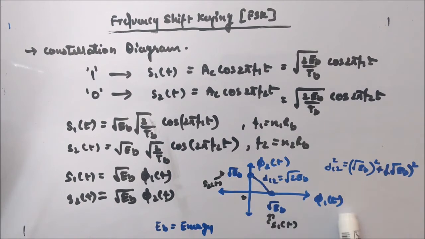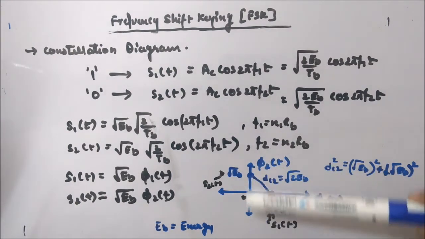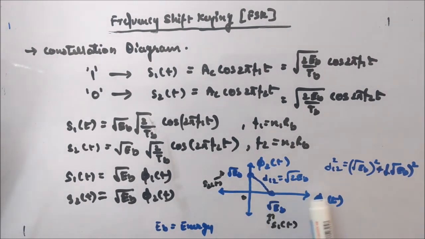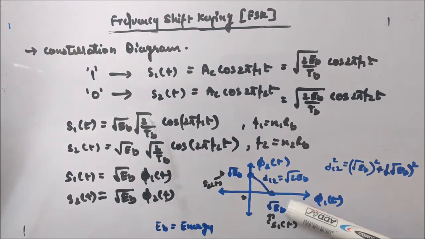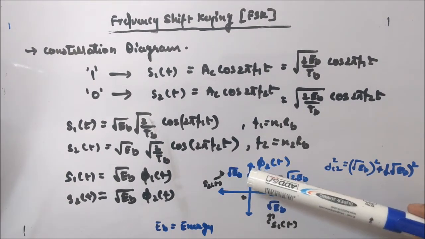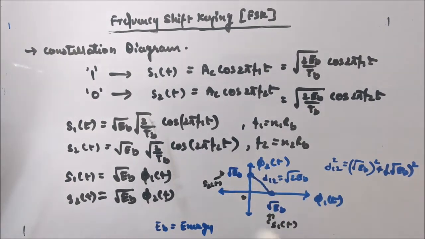So this axis is my phi 1 t and this axis is my phi 2 t. So amplitude is under root Eb here, under root Eb is amplitude here, and this is your S1t, this is your S2t, these constellation points. Now two things we calculate, first is energy and second is the distance between signal points.